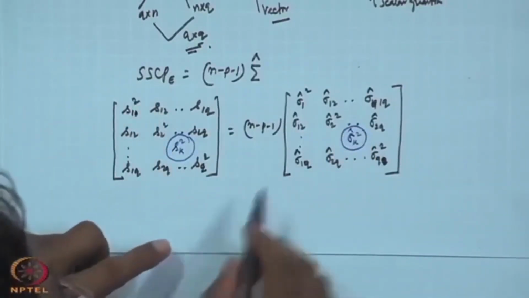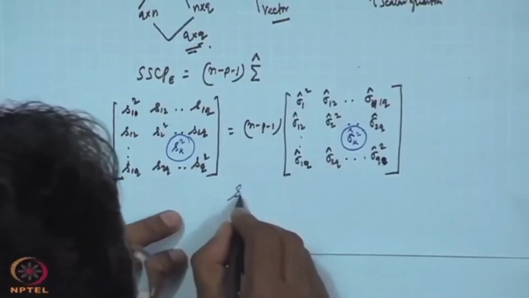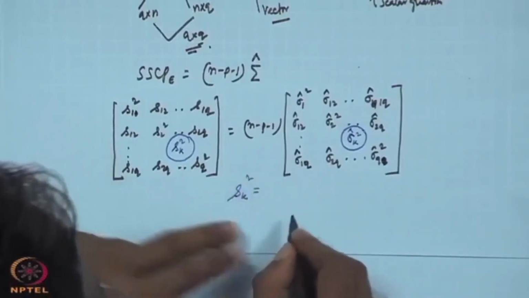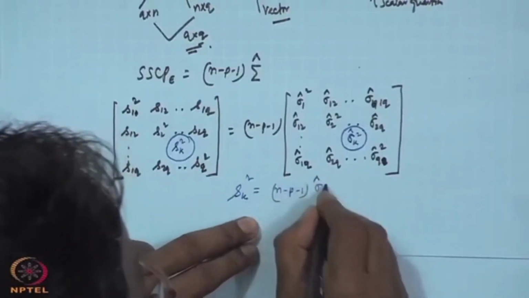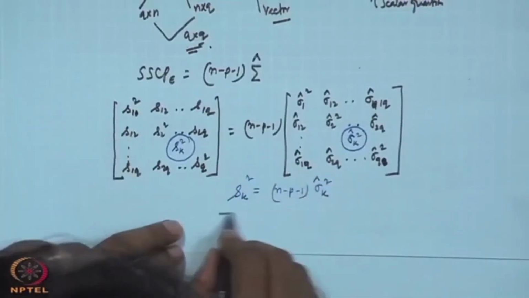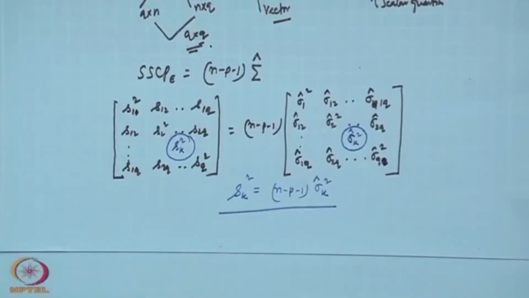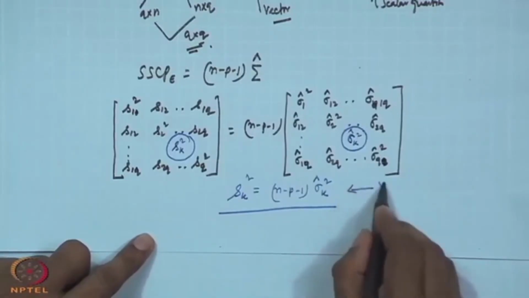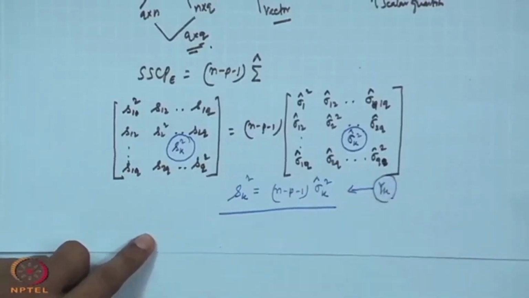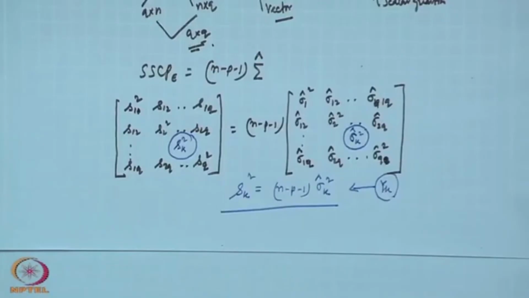Then what is the relationship? The relationship is s k square equal to n minus p minus 1 times sigma cap k square. So when you say k, we are talking about variable yk. You are going back to your multiple regression case.